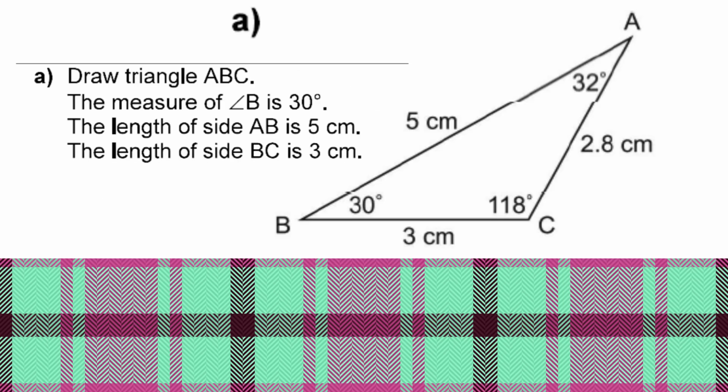What you need to do here, and I will show you a picture of what this triangle looks like. Here, you would want to start with one of the side lengths that you were given. For this example, we will take the length of side BC and draw 3 centimeters. You could have chosen the other one as well.